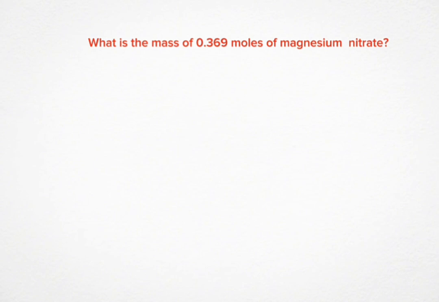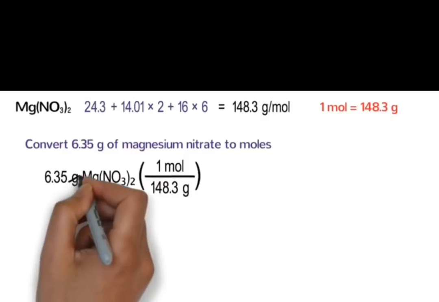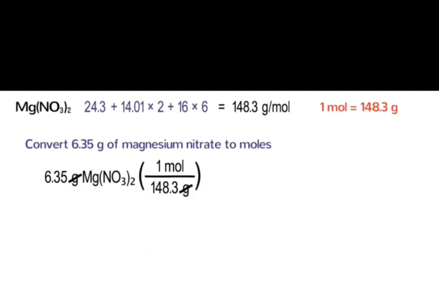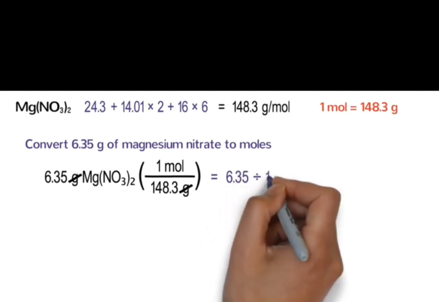The molar mass of magnesium nitrate is our conversion factor. Because we started with grams, write 148.3 grams on the bottom. Because we are solving for moles, write 1 mole on the top. The grams on the top and the bottom cancel out. Because the 1 is on the top, in your calculator, type 6.35 divided by 148.3. This works out to be 0.0428 moles of magnesium nitrate.